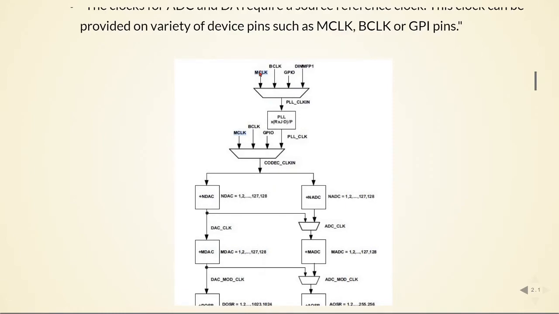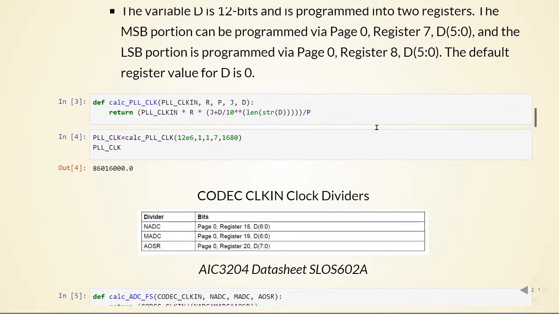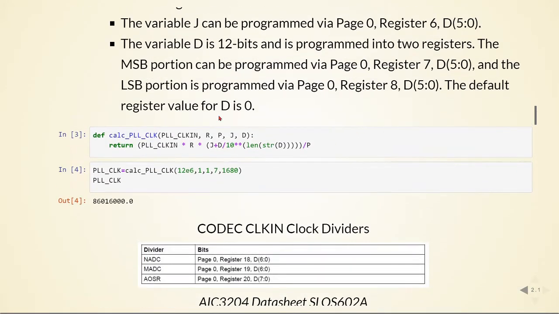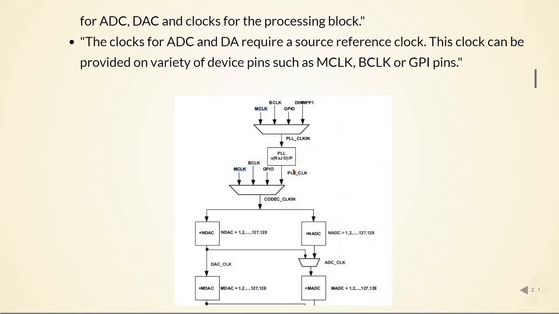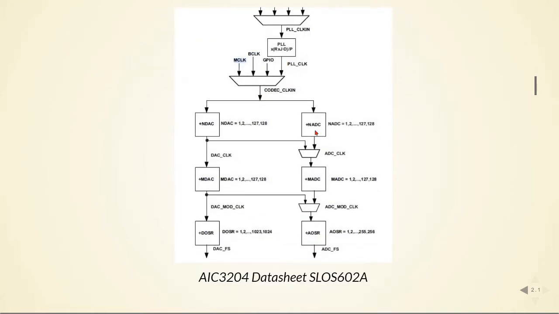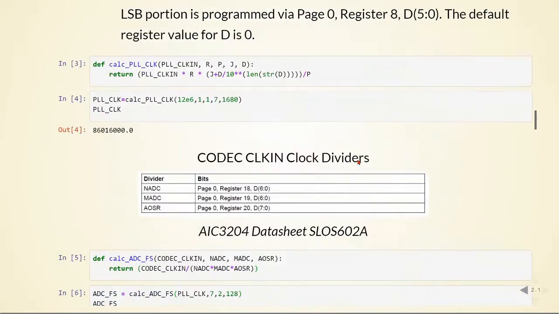If we select the M clock, in our case for example 12 megahertz, and we set R, P, J, and D to these values here, 1, 1, 7, 1680, we will have this value for the PLL clock. Then the codec clock in will use the PLL clock, and then we have these extra clock dividers, and then we have our final sampling frequency.